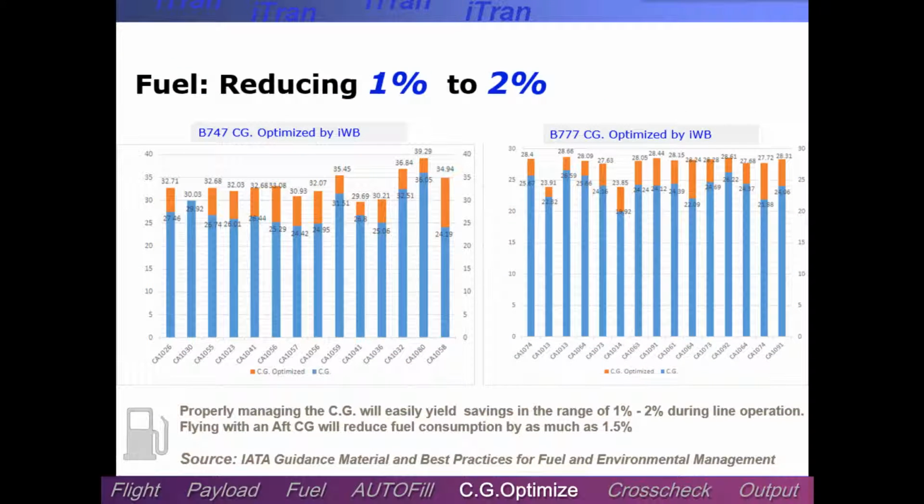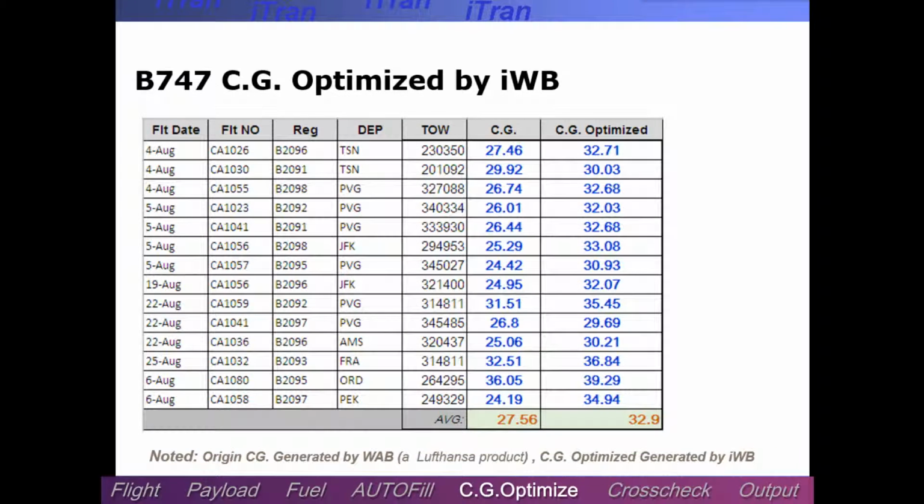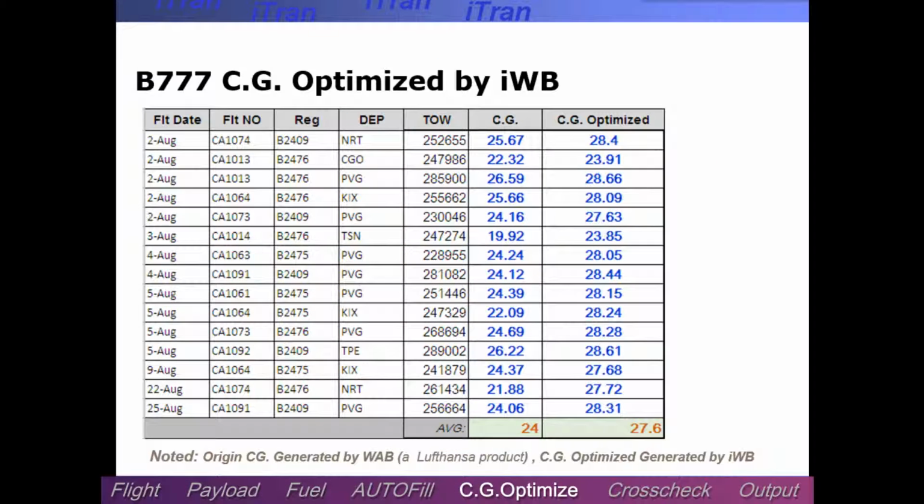According to the testing by Air China Cargo and the calculation that Boeing provided, iWb can economize up to 2% fuel cost for 777 and 747 compared to manual weight and balance.